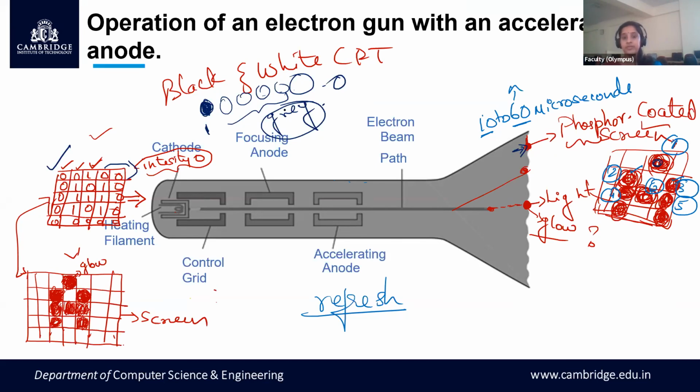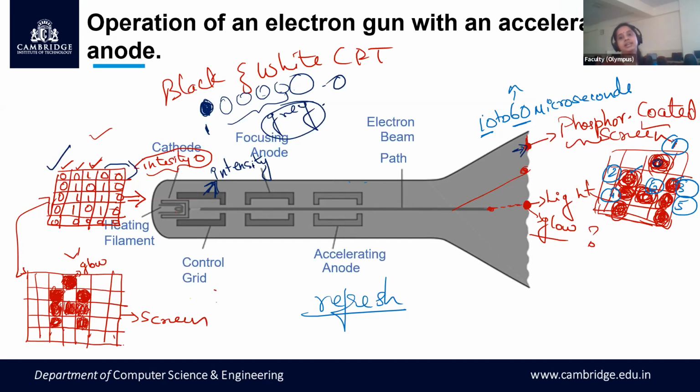We are not having color. When we have color, we have huge color combinations. Black and white also I have. So what they say here is that it is based on this control grid. He's saying everything depends on the control grid intensity.